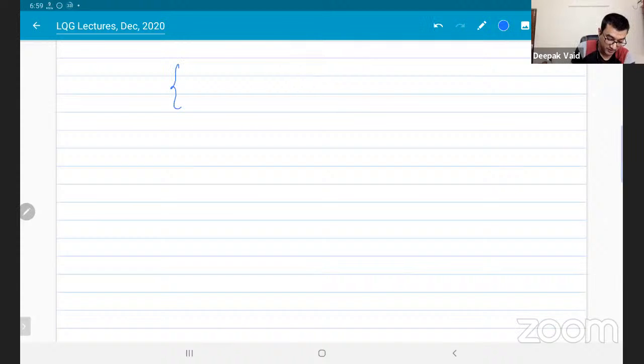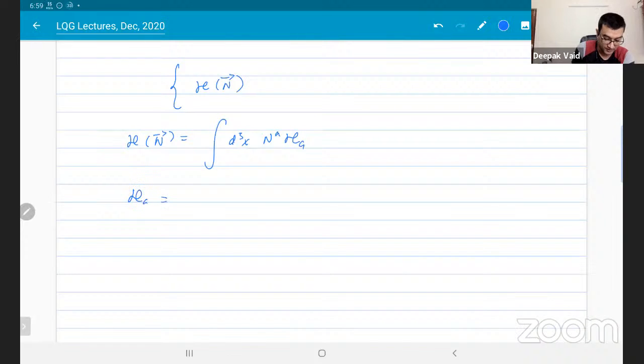So the smeared diffeomorphism constraint looks like this: the integral d^3x N^a H_a, where H_a is given in terms of the covariant derivative. If you take this with any field defined on your spatial hypersurface, then this generates a Lie derivative of your field, and that is exactly a diffeomorphism.